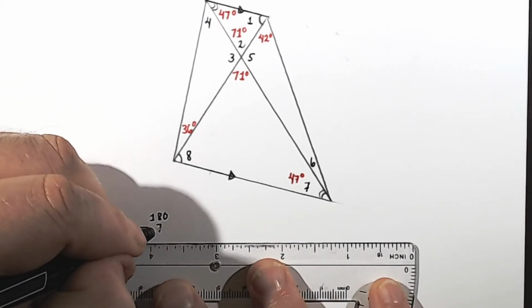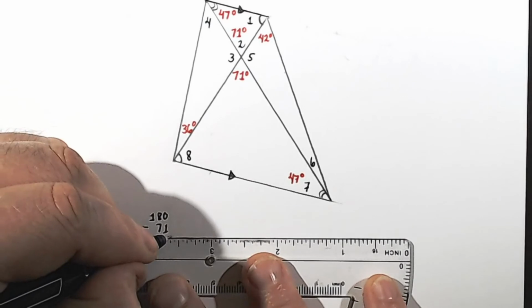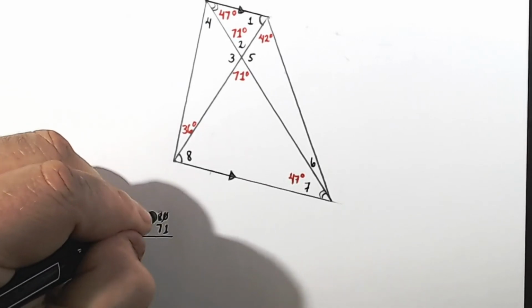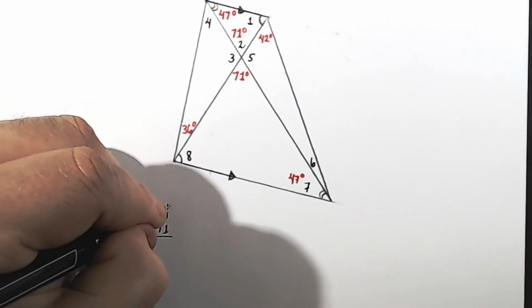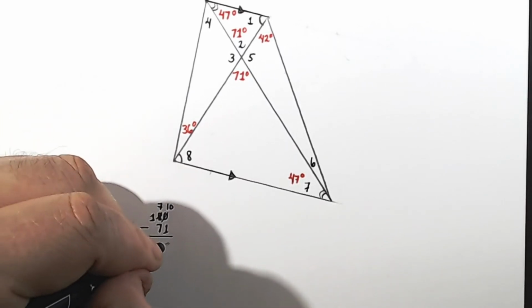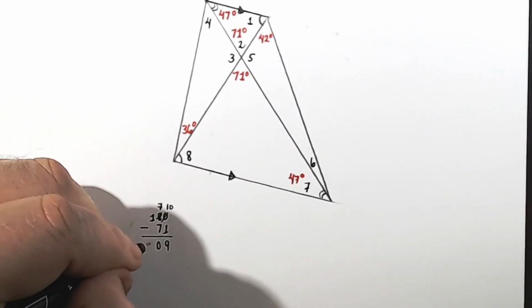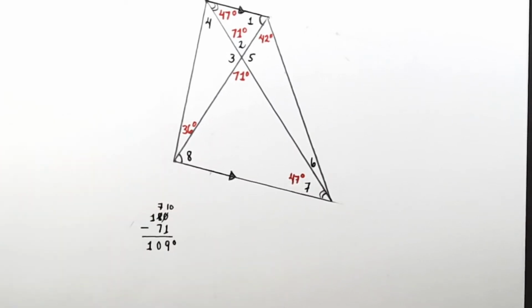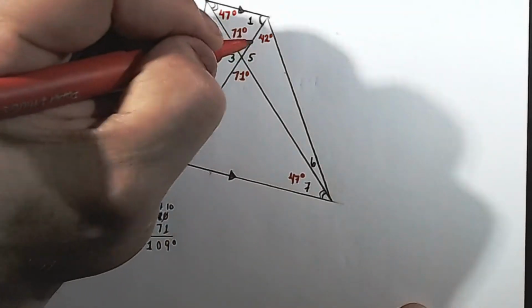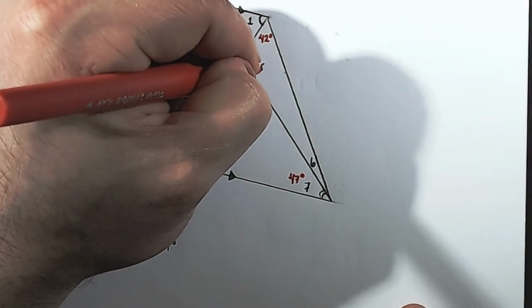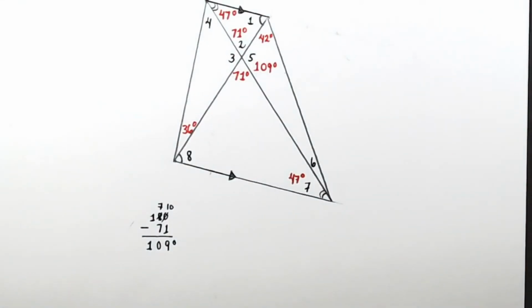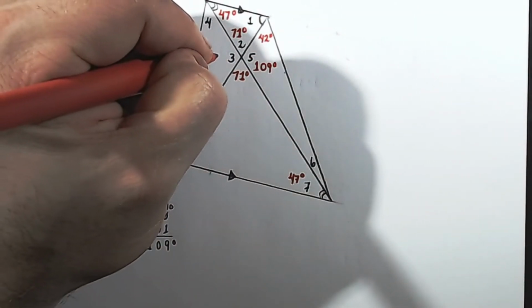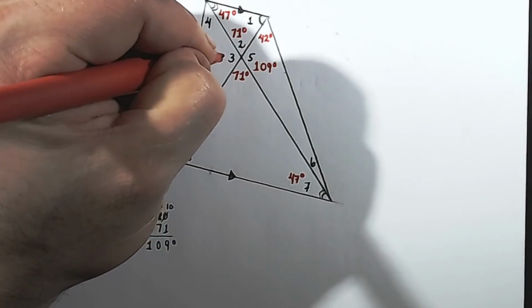So we just need to subtract 71 from 180. We'll borrow from the 8 and make it a 7. Turn the 0 into a 10. 1 from 10 is 9. 7 from 7 is 0. And 1 comes down. So, by the supplementary angles theorem, angle 5 is 109 degrees. And by the vertical angles theorem, angle 3 is also 109 degrees.